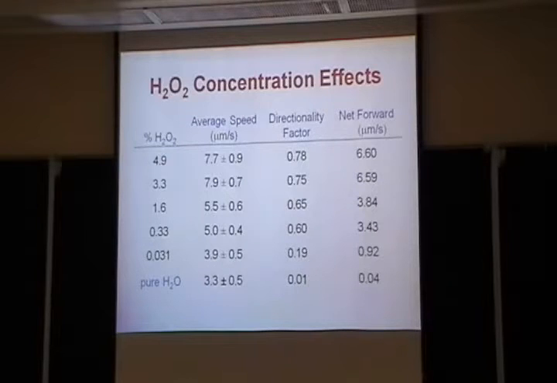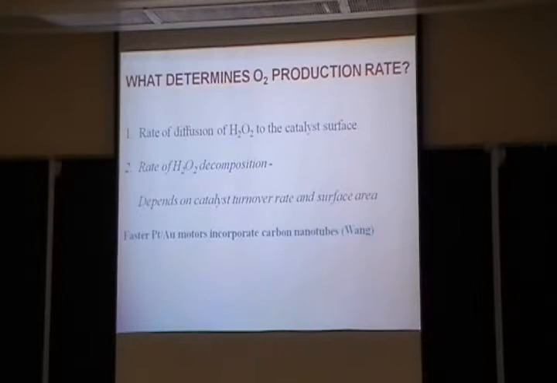The other is catalytic turnover, which is that it can diffuse as fast as it wants, but if the catalyst is slow, then that's your limiting factor. And so those are the two things. We can calculate what the diffusion is going to be, and we can calculate the turnover by just measuring oxygen evolution. And it turns out it depends on the catalyst.